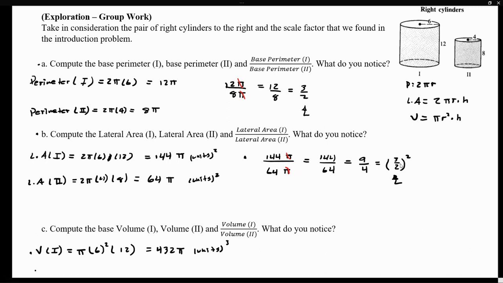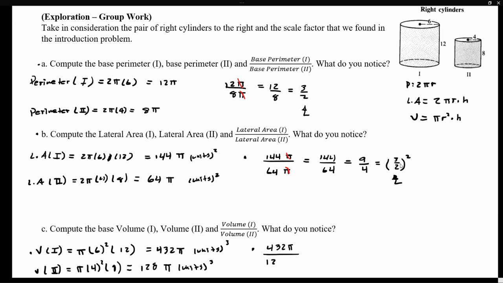And now, if we want to find the volume of the second figure, that's going to be pi, the radius of the second figure, which is 4 squared, times the height, which is 8, which is going to be equivalent to 128 pi. Units cubed. So now, let's divide the volume. The volume of the first figure is 432 pi, and I'm going to leave the units cubed because they're going to cancel out.